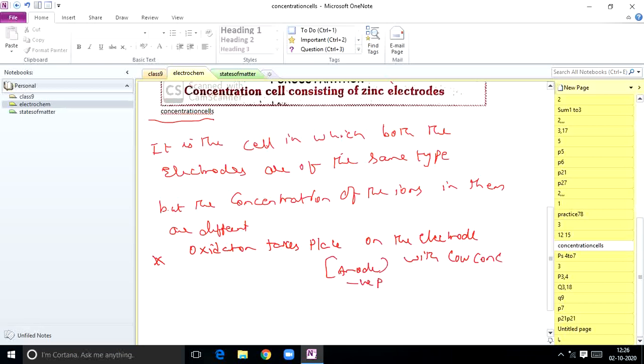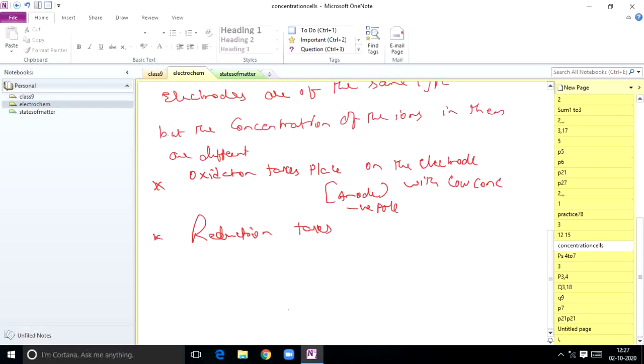Anode is a negative pole. Next key point: reduction takes place on the electrode, that is the cathode, with high concentration.